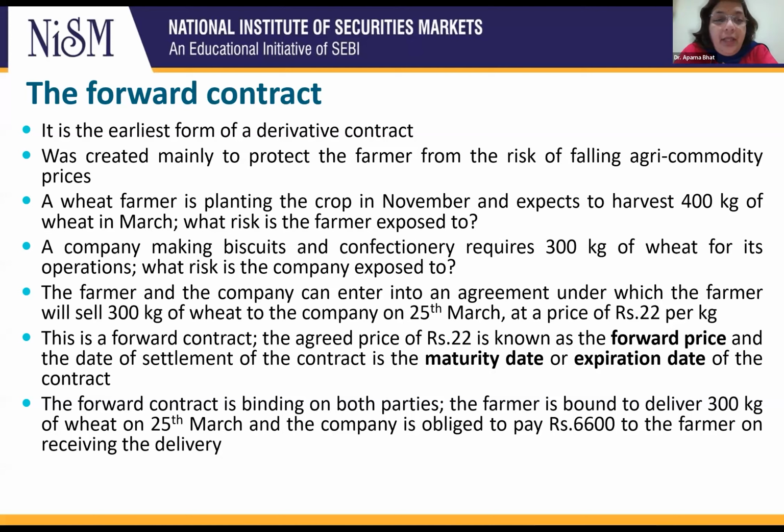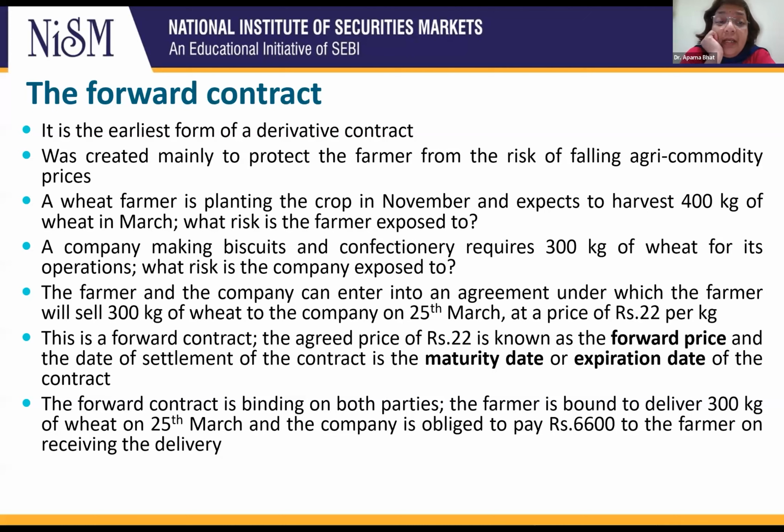So the forward contract is the oldest form of a derivative contract. Why was this contract created? It was mainly to protect the farmer from the risk of falling agri-commodity prices. You may have read in the news recently that there was some problem with onions, and the government has banned the export of onions because the prices went up too high.